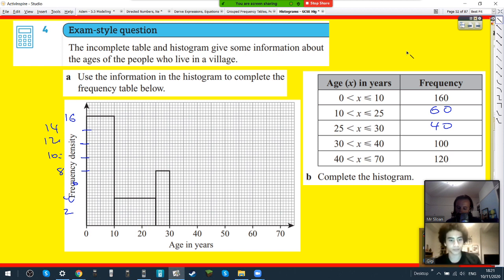You would draw the box up to 10. So that one would go up to 10. So that's 20. So that's 10 times 20.